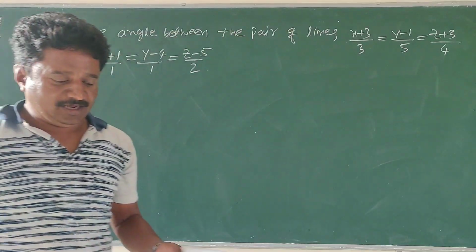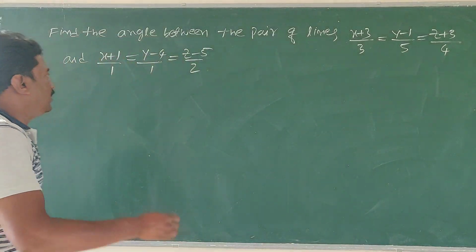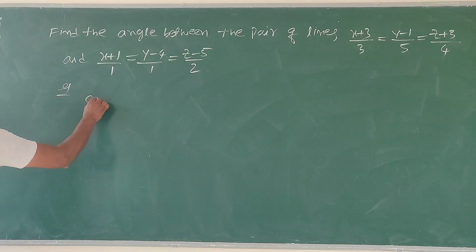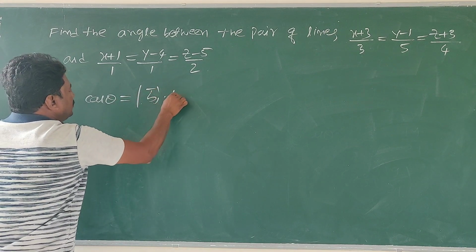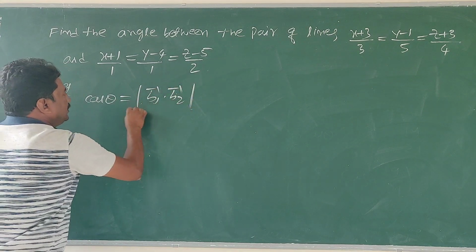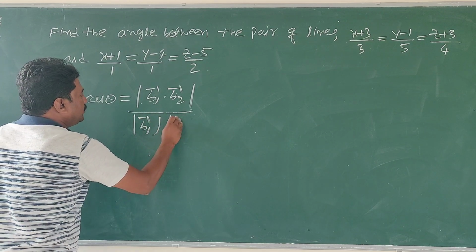Right? Angle between a pair of lines. Look at this, friends. Tell me the cos theta formula. Cos theta is equal to mod b1 dot b2 by length of b1 into length of b2.